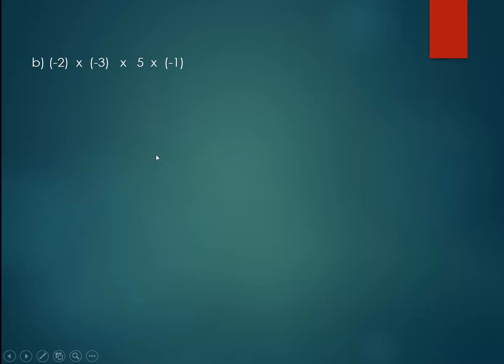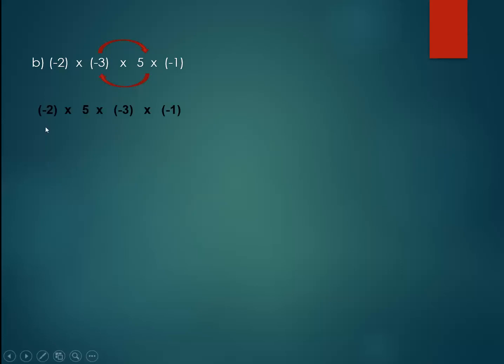Negative 2 times negative 3 times 5 times negative 1. Here, in multiplication, it's better to make 10 or 100 or 1000 to make it easy to solve. So we can replace 3 and 5, using the commutative property: negative 2 times 5 times negative 3 times negative 1.